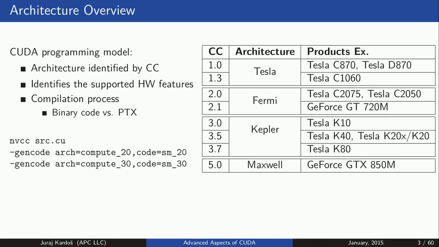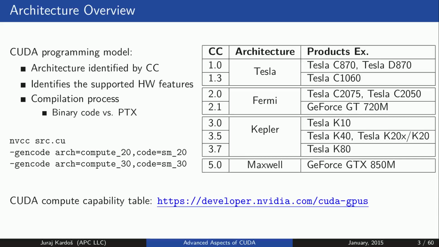An advantage of including multiple binary GPU targets is that you can avoid the just-in-time compilation step, in case the GPU with the specified compute capability is present. One possible disadvantage of specifying a lot of these options is code size bloat.